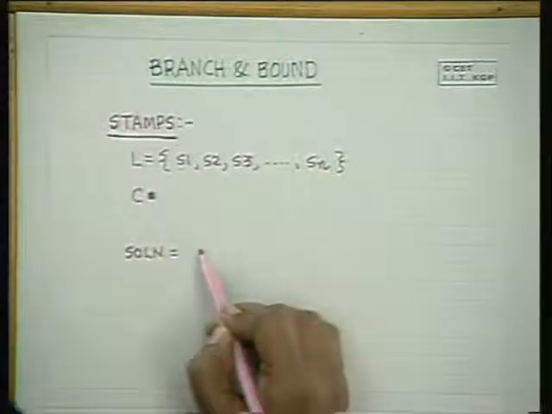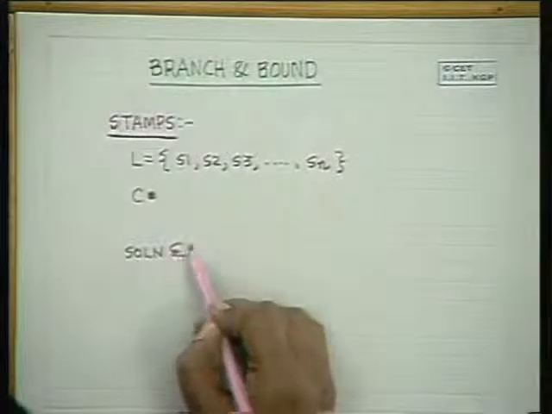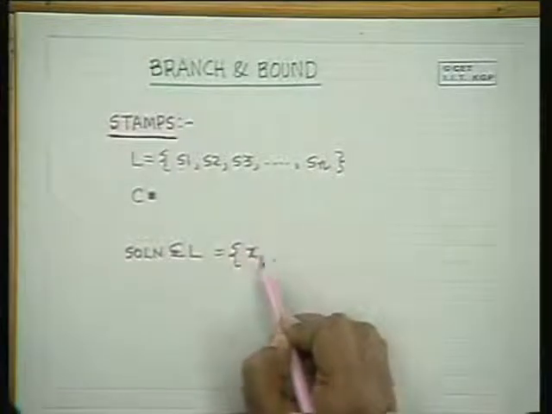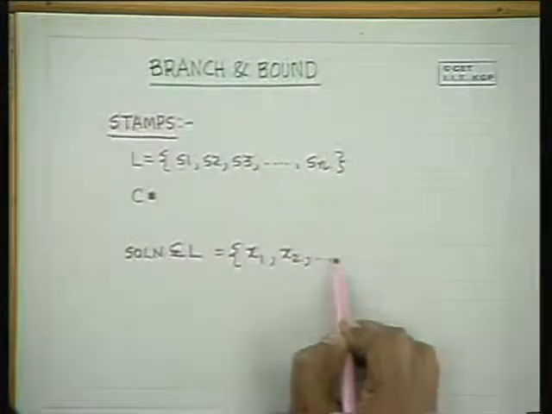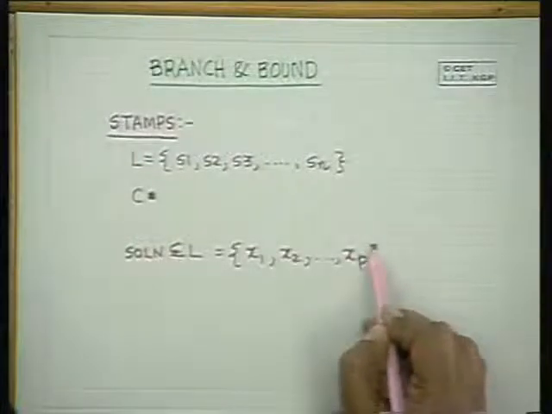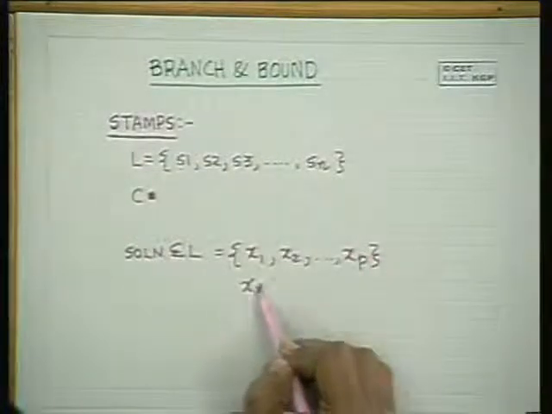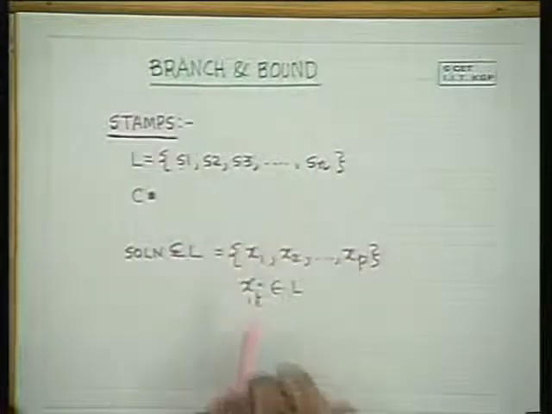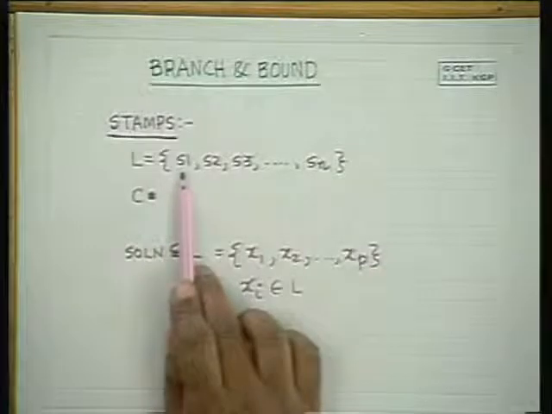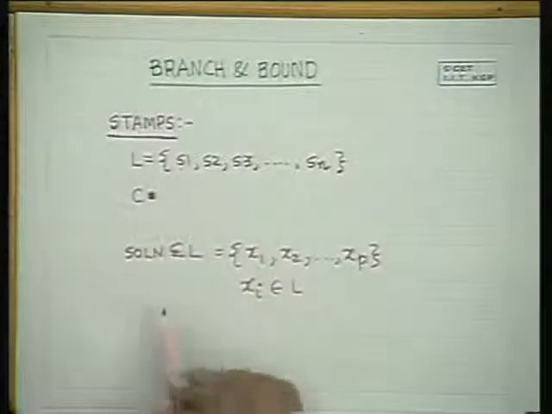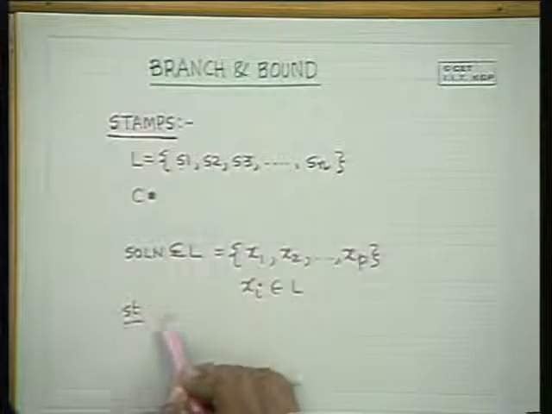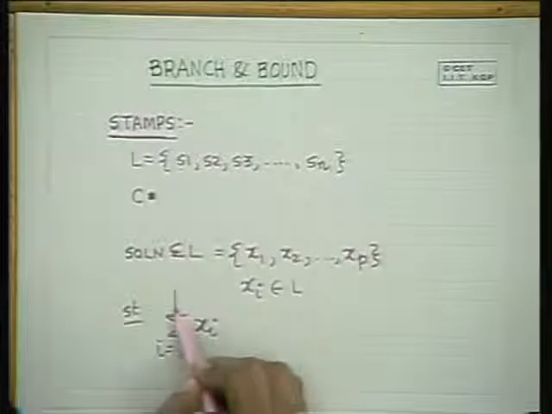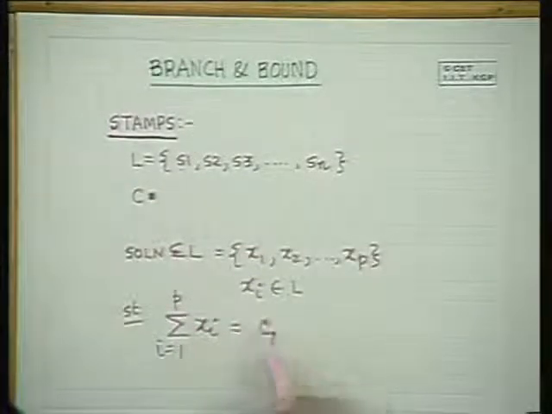You are to pick out a solution which is a subset of L, equal to some x1, x2, up to xp, where each xi is an element of L and it's a distinct element. Let us for the time being say one stamp can be taken only once, such that the summation of xi, i equal to 1 to p, is equal to C.